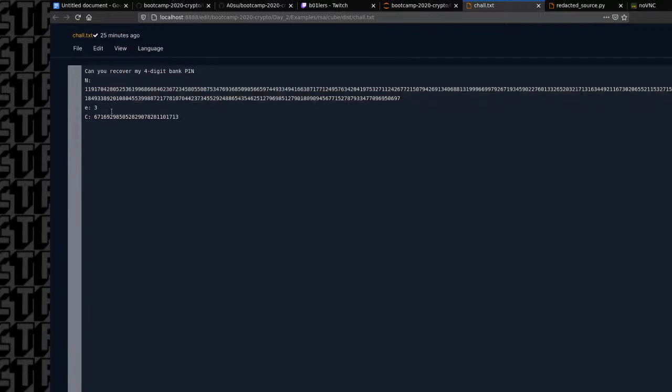So here's the modulus n, the public key e. We're using 3 here, which is the smallest possible value you could use for e. And then we have a really small ciphertext here. I'll give you guys a few minutes to think about what the possible attack here would be.